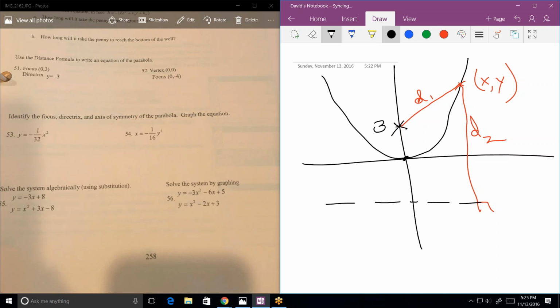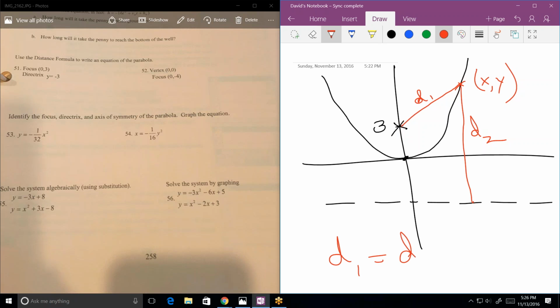That's the official definition of a parabola: it is the locus of points where every point on the parabola is the same distance from the focus as it is to the directrix. So D1 has to equal D2.